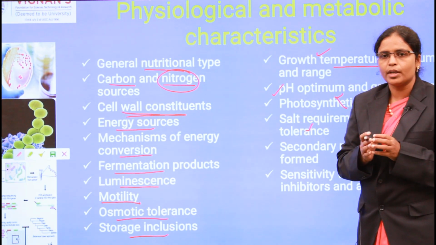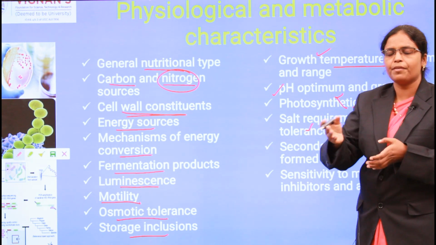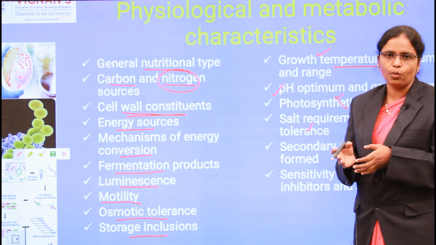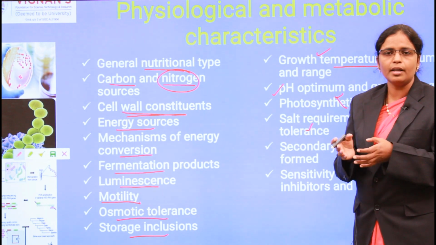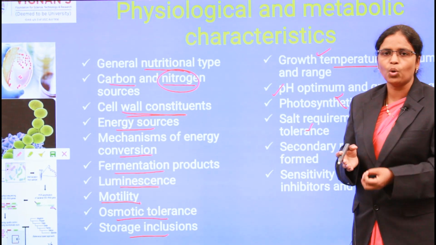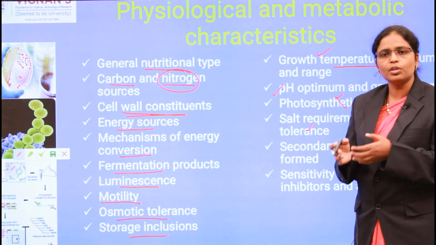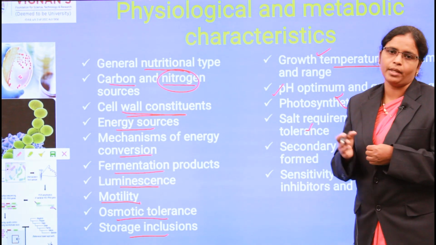Some microorganisms, for example, if we take a refrigerator, will grow inside it. That means the temperature inside the refrigerator is very low, for example, say 10 degrees. There also the microorganisms are growing.